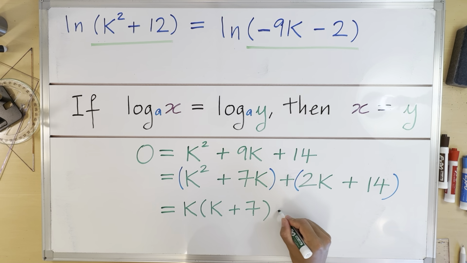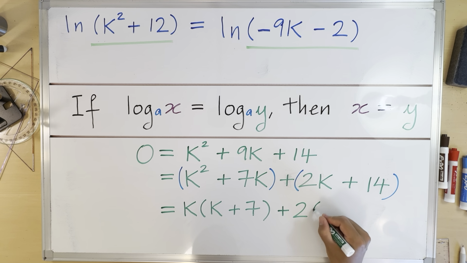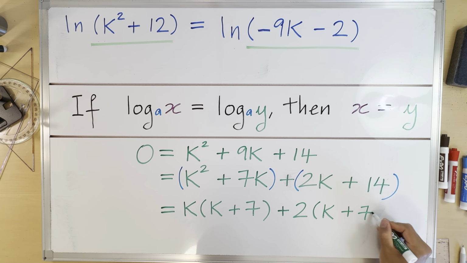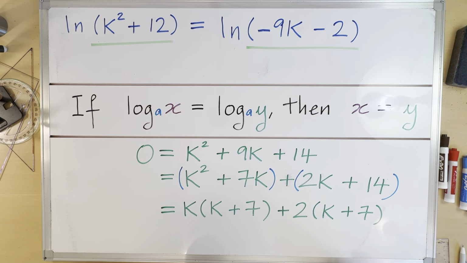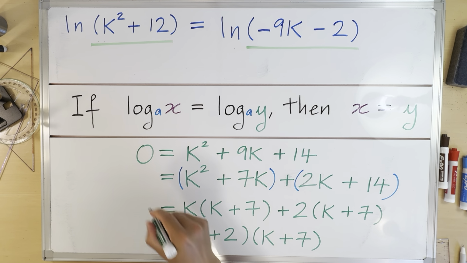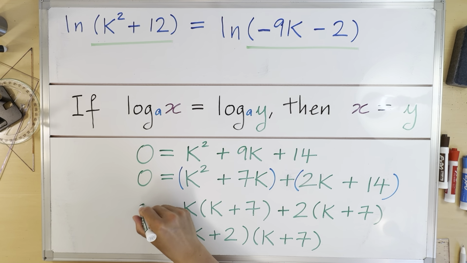So this will become positive 2 times k plus 7. Now, when simplified even further, this would become k plus 2 multiplied by k plus 7. And of course, all of these are 0.